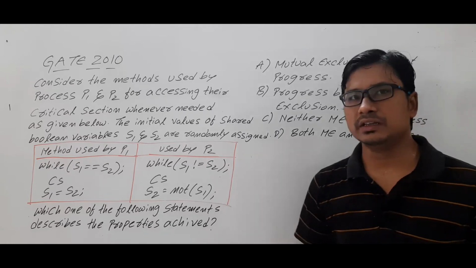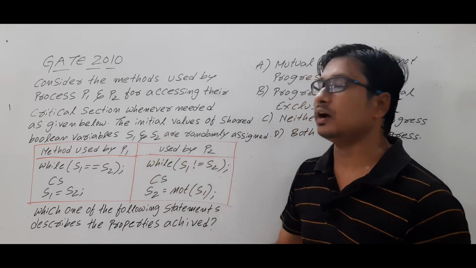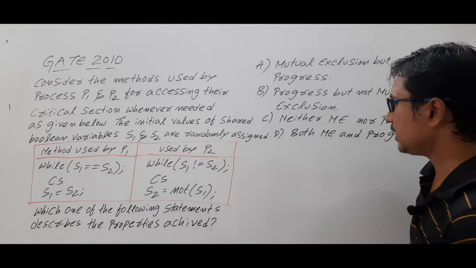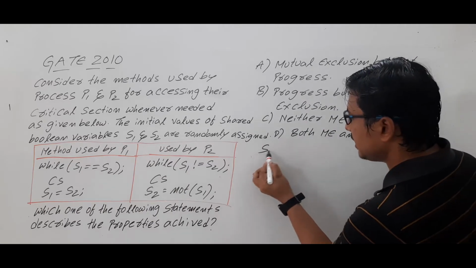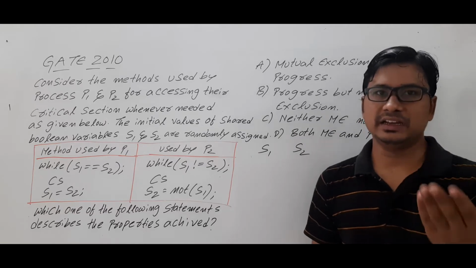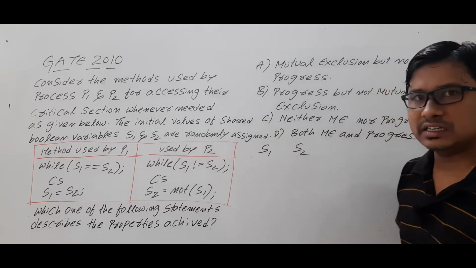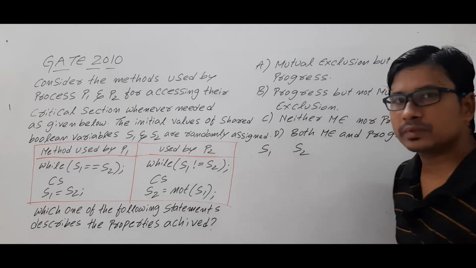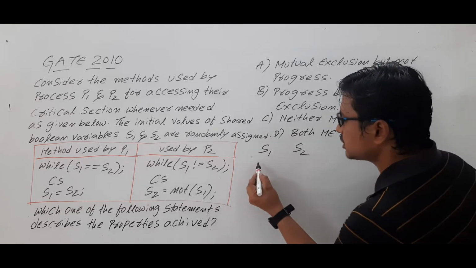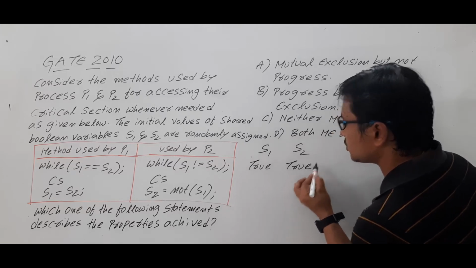Now if you look at the question correctly, they are saying that S1 and S2 are Boolean variables. If they are Boolean variables, they can take only true or false. Let's consider the four input situations we'll get. One is that S1 is true and S2 is also true.